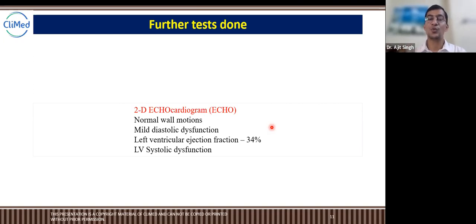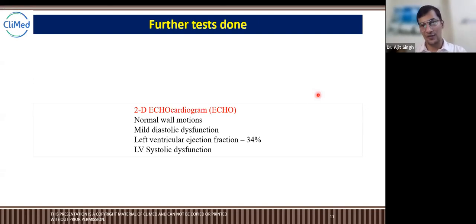In that case we see global hypokinesia. Global hypokinesia means there is no wall motion at all, because there is no oxygen supply at all. So in this case, normal wall motion means there is no new ischemia in this patient.